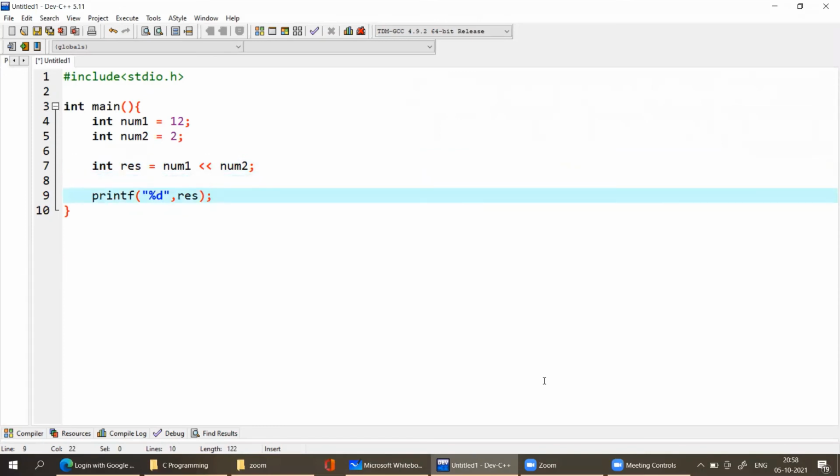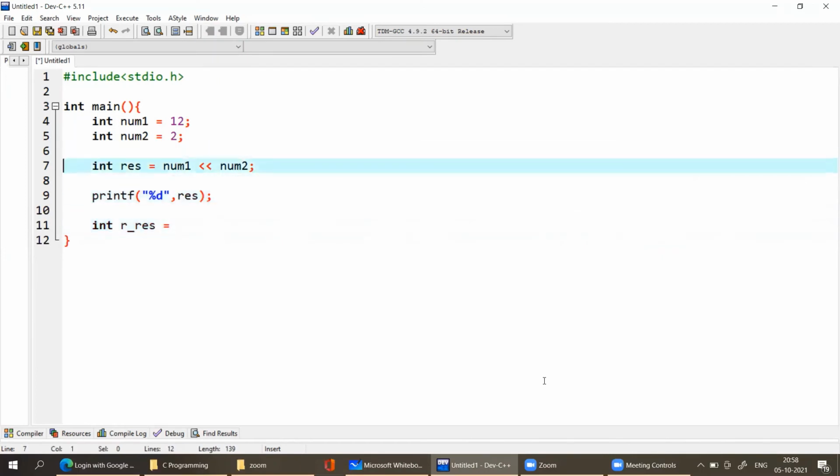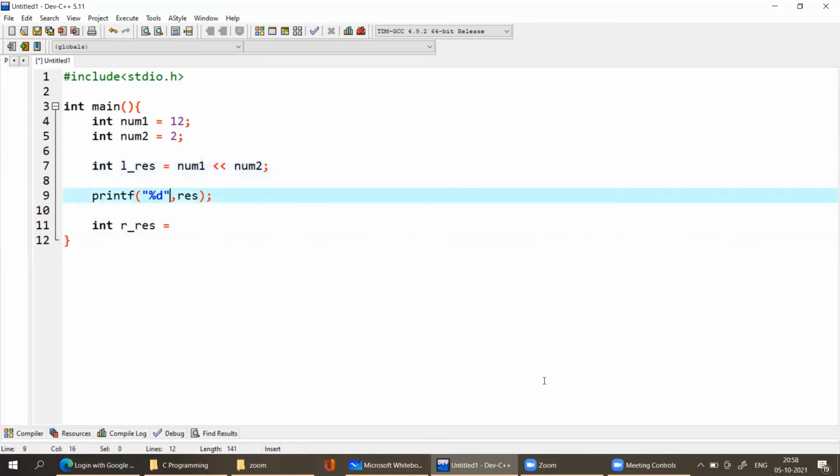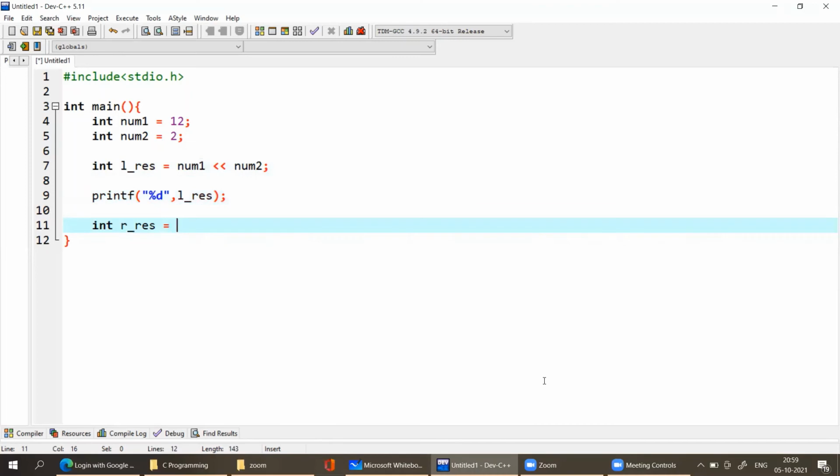Similarly, we can apply the right shift. I'm declaring another variable here, right shift result, equal to. We can write it in more detail: left shift result, right shift result equal to.